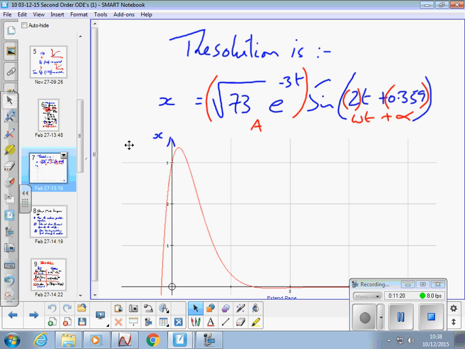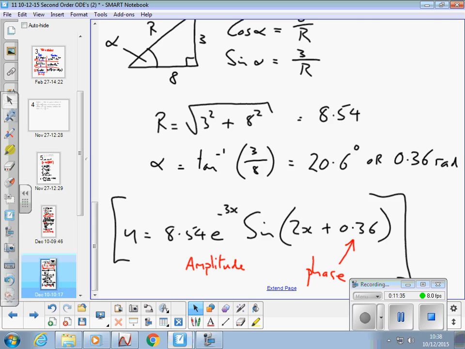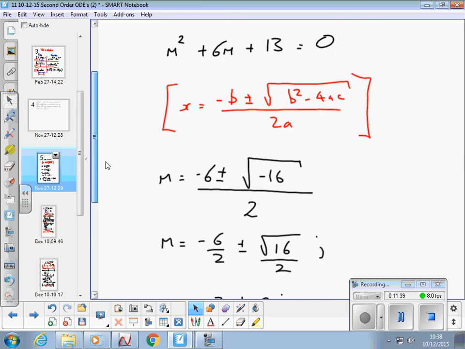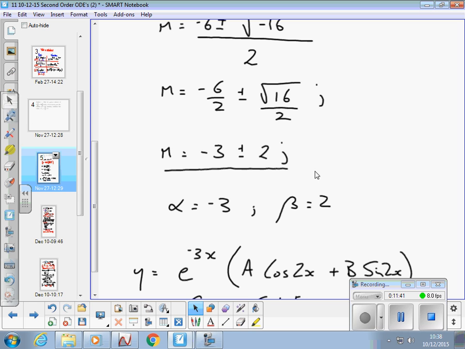Hang on though. Let's just think about that one more time, okay? And think about all the maths you've been doing for the last however many years on this. Look at what we've just done. All the stuff we've been doing. Quadratic equations. Complex numbers come into it. Okay?